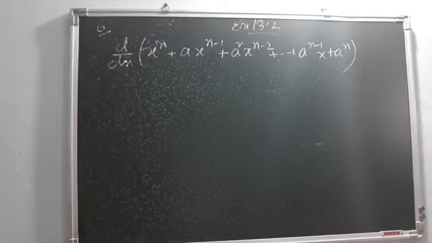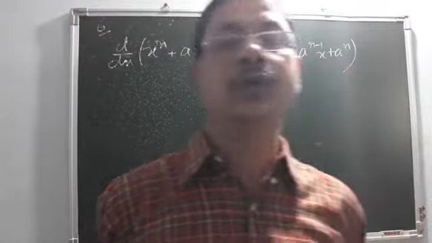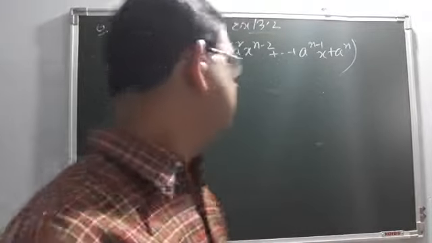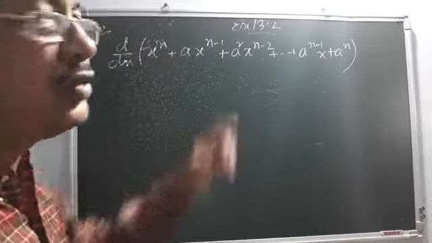How to do this one? So the derivative of this polynomial we have to find. If we withdraw this bracket, this d dx will go to each individual term.